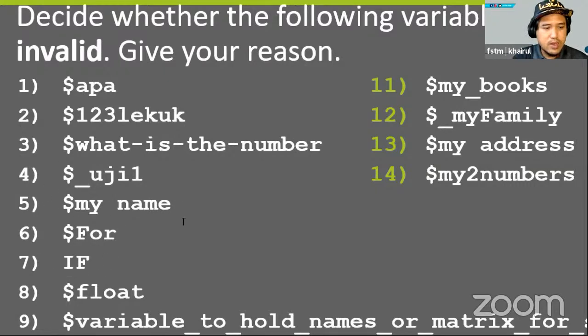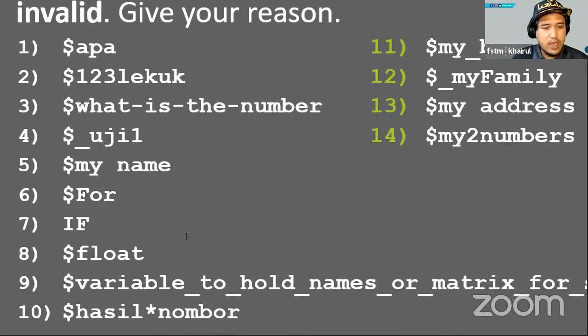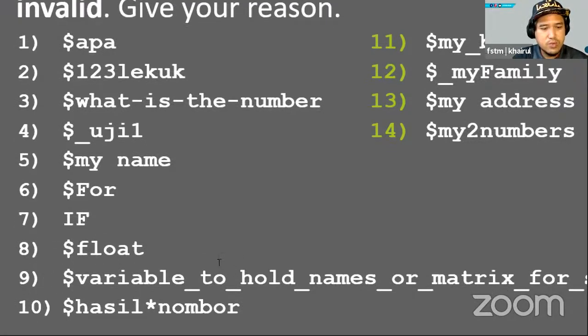Number six is valid. Number seven is not a variable because you don't start with the $ sign. Number eight is valid. Number nine is valid. Number ten is not valid because you have a special character here. And we have my books valid, 12 valid, 13 not valid, 14 valid.